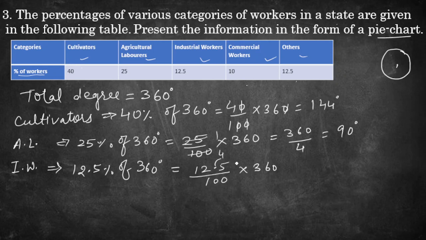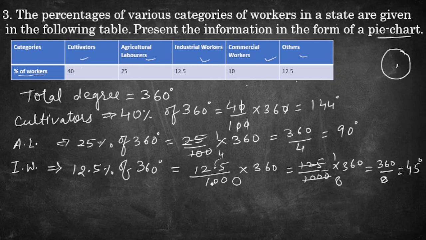Now as we will remove this percentage sign, one more 0 will come down. So basically 125 by 1000 into 360. Now 125 ones are 125 and 125 eights are 1000. So it is 360 by 8. So when you divide 360 by 8, you will get 45.